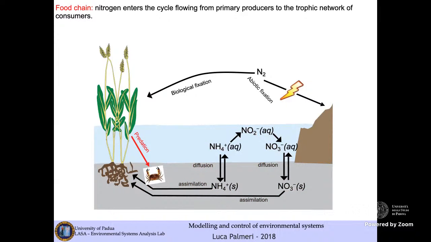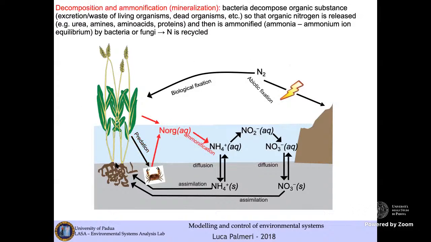From the water column, by diffusion, these forms of nitrogen are transferred into the sediments. You may also include predators that feed on plants or on primary production and transfer nitrogen from the organic forms into the inorganic dissolved forms like ammonia or nitrate, or oxidized forms.